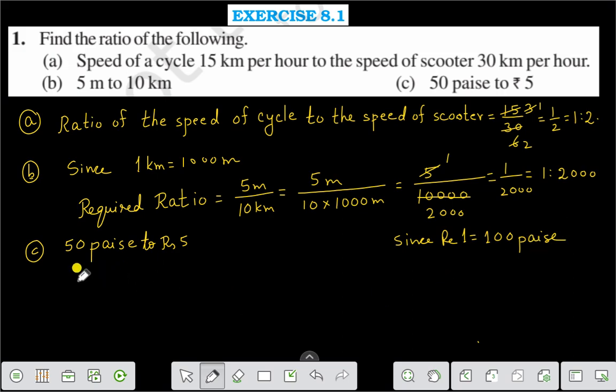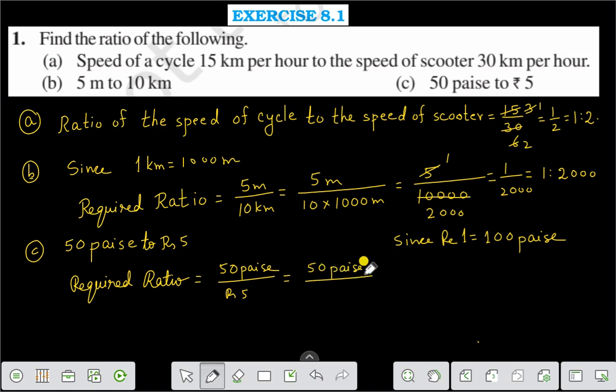Therefore, required ratio is equal to 50 paise by rupees 5.